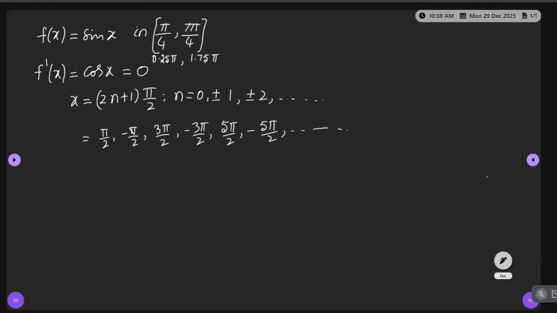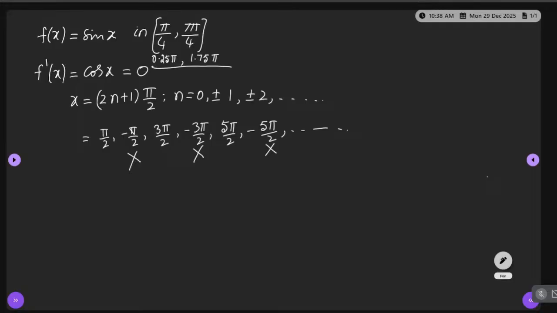7 by 4: 4 ones, and then 4 sevens, 28. So which one lies in between these two? Not all the negatives; all negatives are not inside that interval.